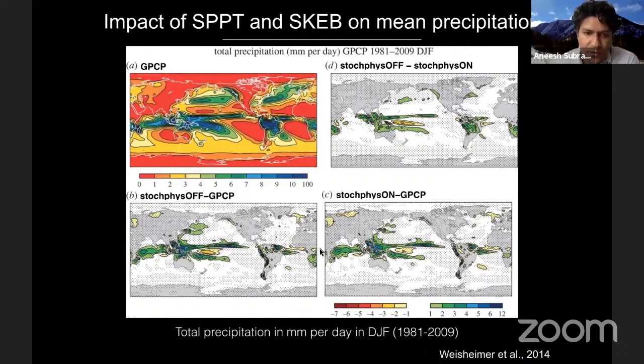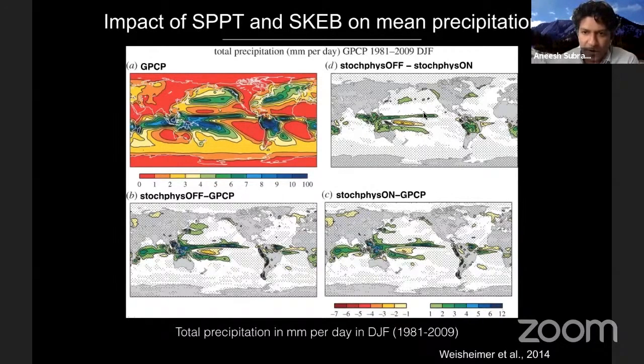The bottom two panels are showing the difference between the weather forecasting model's mean climate and the observations. On the left-hand side is when we don't have stochastic parameterization, and the right-hand side is when we have stochastic parameterization. Both of these models show an error or a bias where the model tends to precipitate too much in the tropics, the blue and the green color.